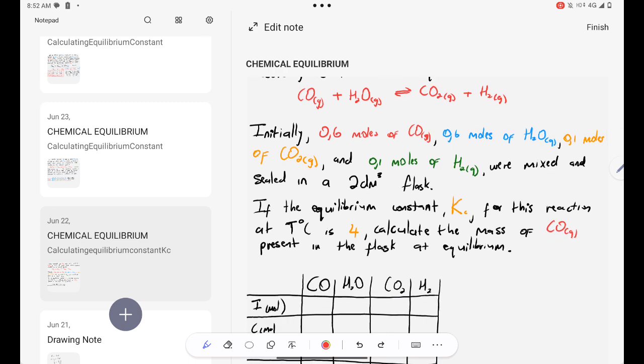The equilibrium constant Kc for this reaction at T degrees is equal to 4. Calculate the mass of carbon dioxide present in the flask at equilibrium.